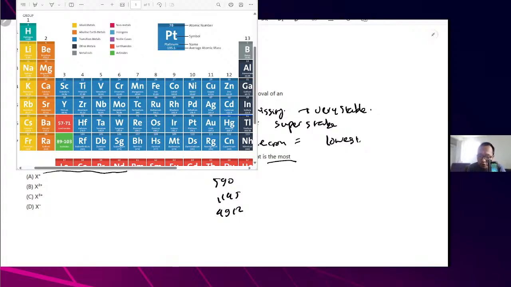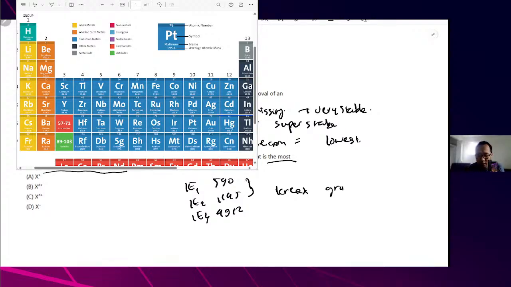Okay, the first three ionization energies. If we take a look, it increases gradually from IE1 to IE2.